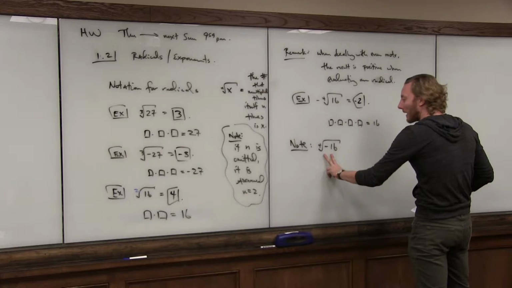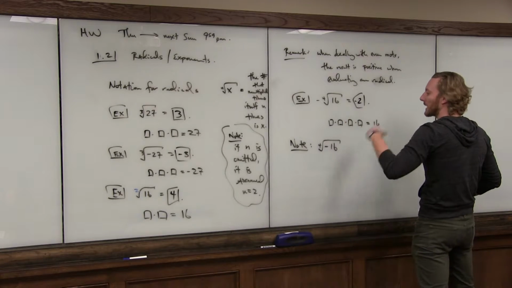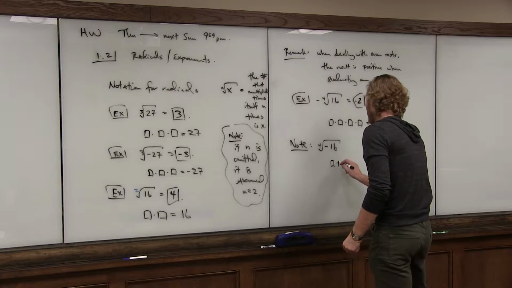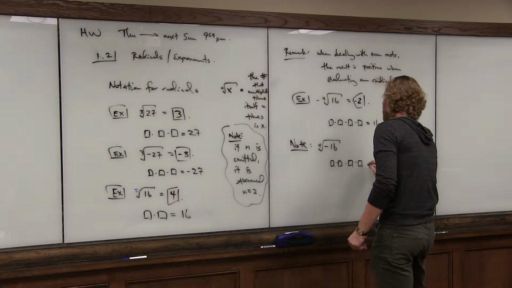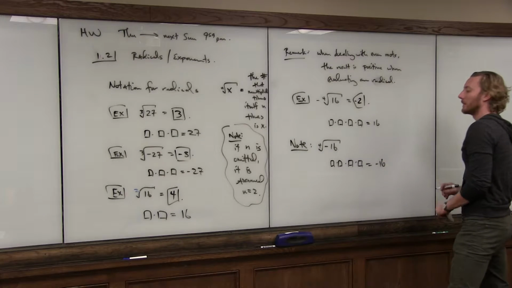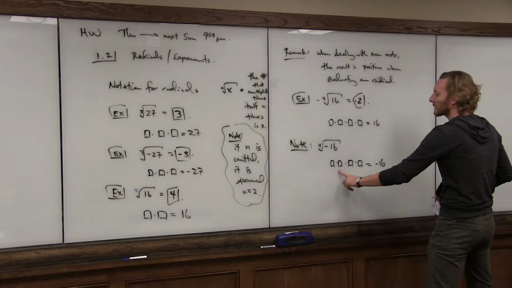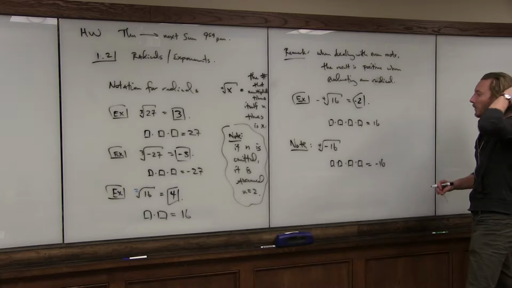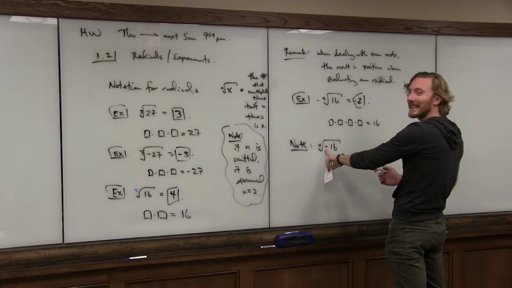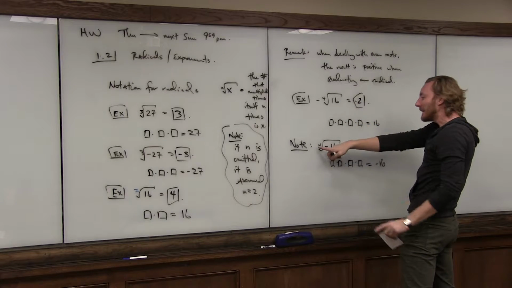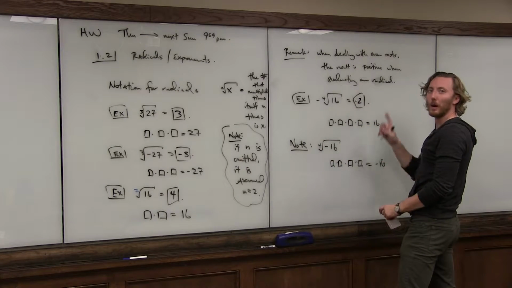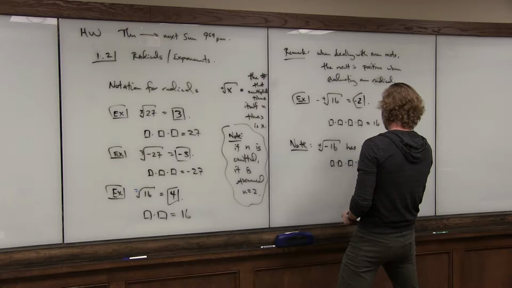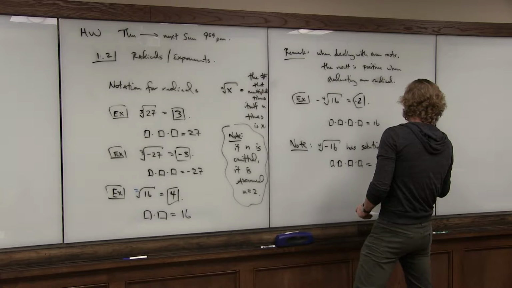Because no positive number times itself 4 times is going to be negative, but at the same time, no negative number times itself 4 times is going to be negative. Because negative times negative is positive, negative times negative is positive, positive times positive would be positive. So interestingly, when we have the negative inside and an even number of numbers being multiplied to become that thing, this has no solution on the number line.